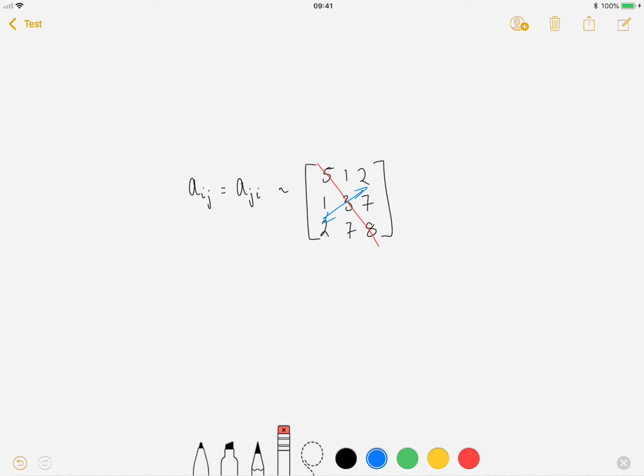Okay, now a diagonal matrix is a square matrix where all the elements off the main diagonal are equal to 0.